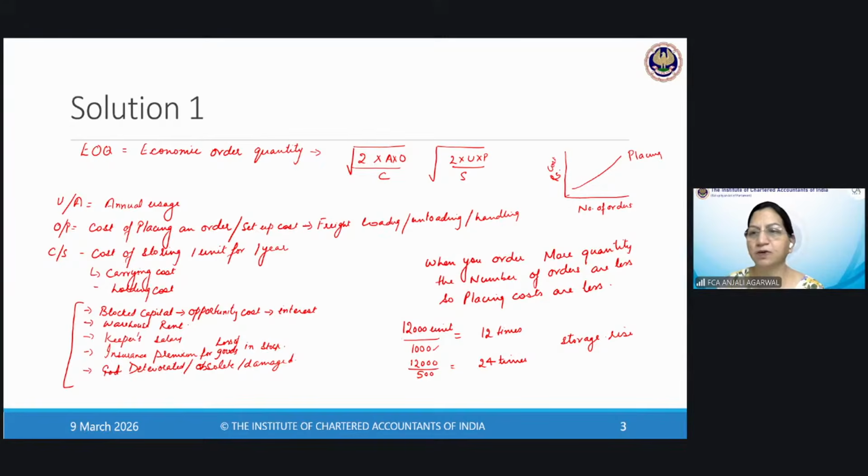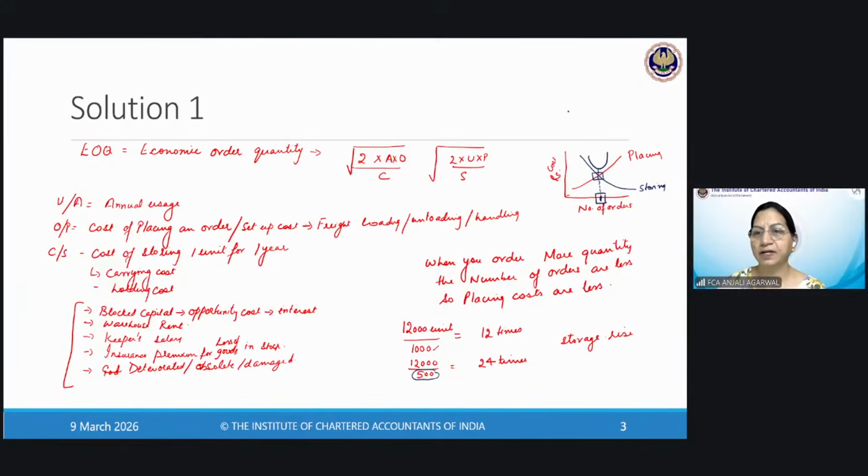And more orders means fewer units are ordered, and fewer units means storage cost will be less. So storage cost tends to fall. You have to strike a balance where the total of the placing and the storage cost is minimum. That is generally when placing and storage cost are exactly equal, when they meet. This is the point at which this many orders should be placed.